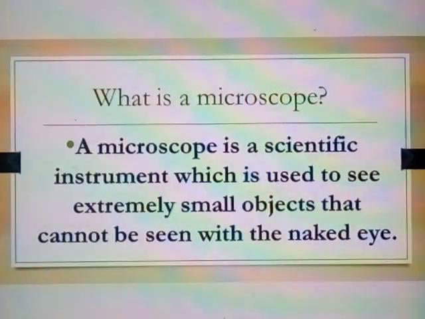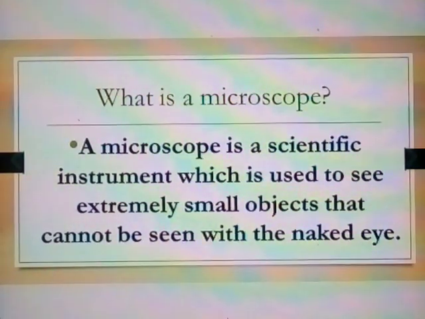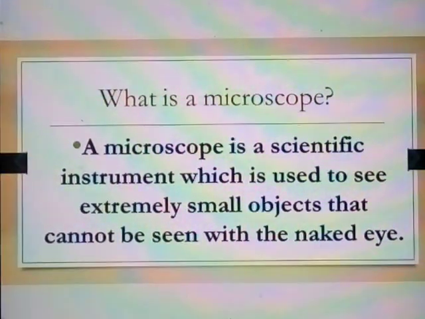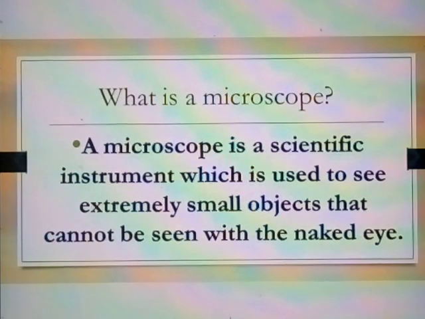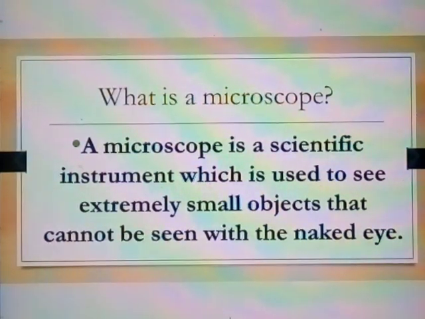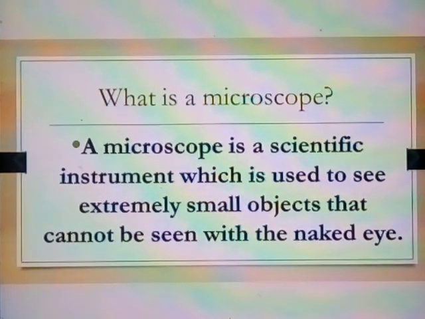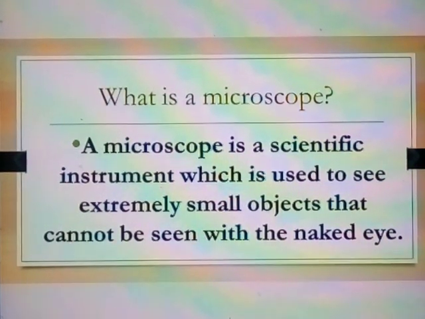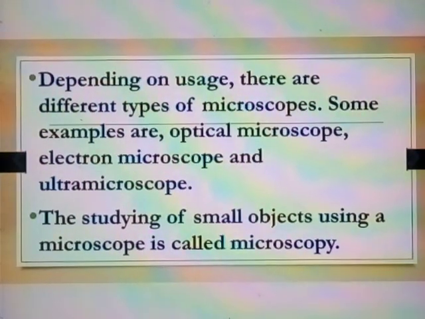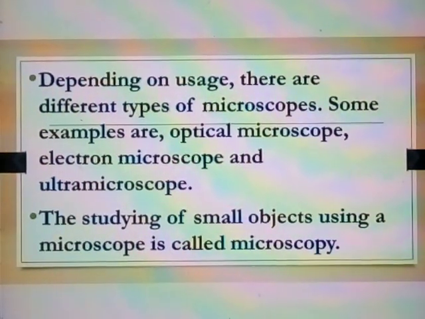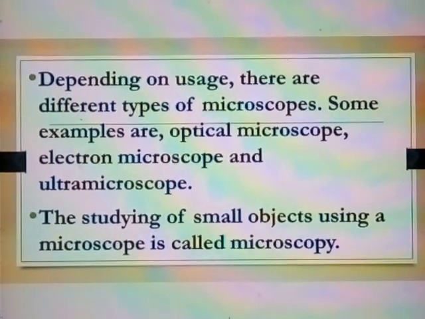What is a microscope? A microscope is a scientific instrument which is used to see extremely small objects that cannot be seen with the naked eye. Depending on usage, there are different types of microscopes.